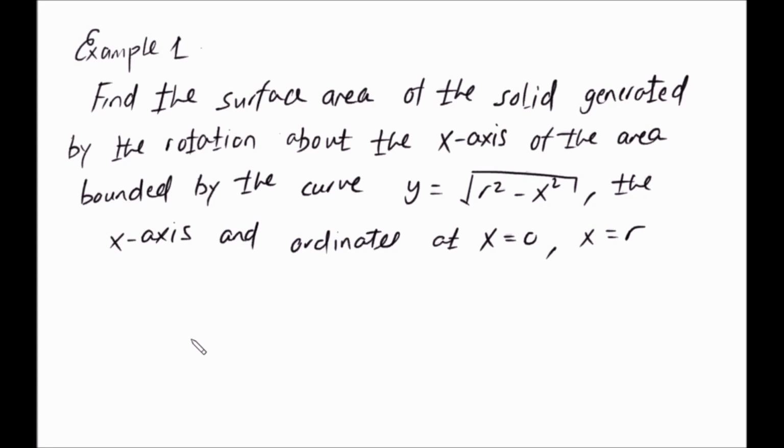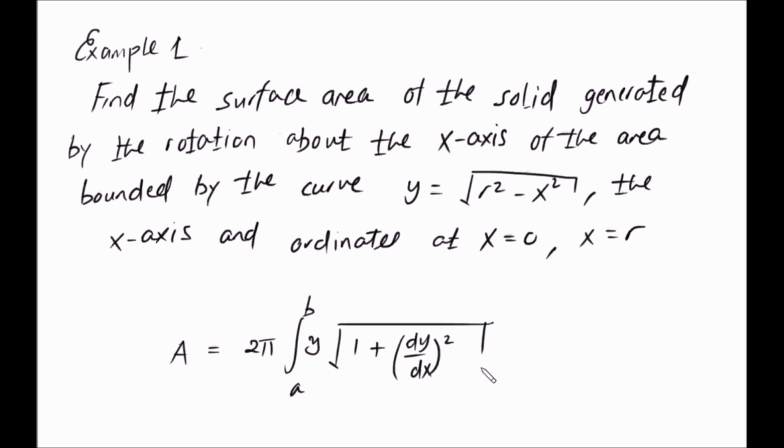So remember we derived in the previous tutorial, we said A, the area of surfaces of revolution, is equal to 2 pi, you integrate from A to B, y times the square root of 1 plus dy dx squared with respect to x.